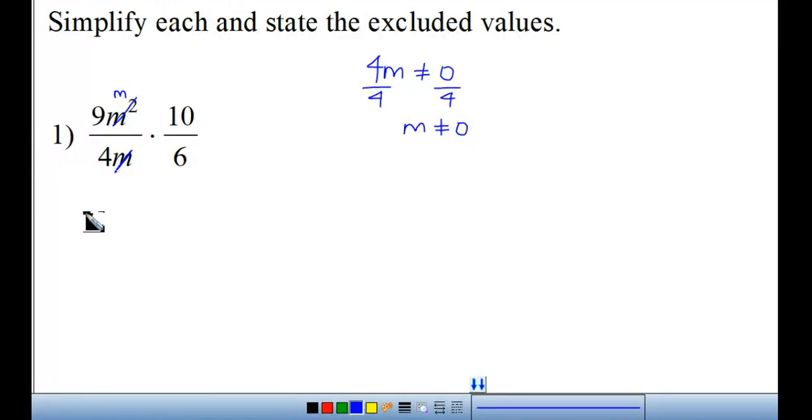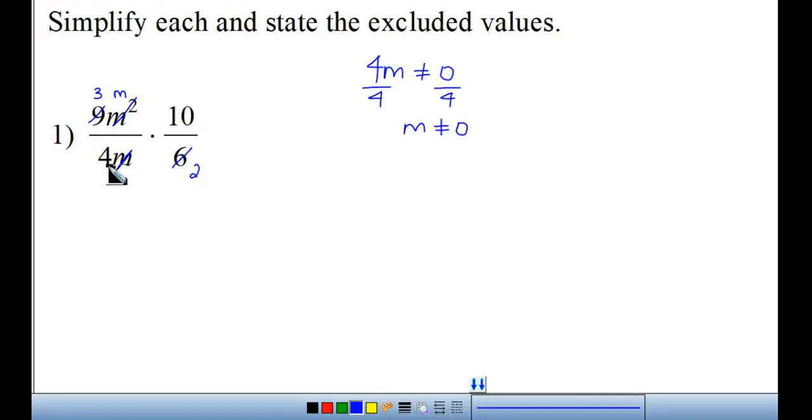Now, when it comes to the numbers, remember, I can cancel top to bottom, or I can cancel diagonally. It's totally your choice. Just make sure that you cancel out everything that can cancel. I'm going to start with the 9 and the 6. They're both divisible by 3. 3 will go into 9 3 times, and 3 will go into 6 twice.